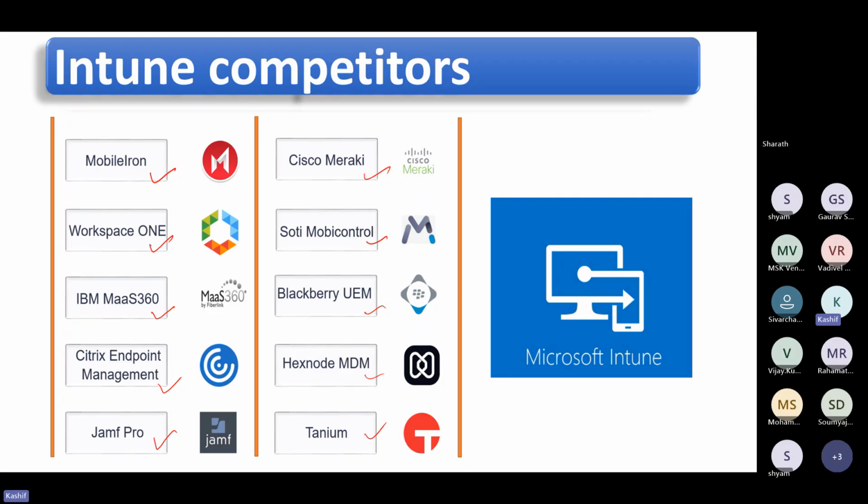Intune is like a monster now. You can say Intune has almost 50% market share. Almost all big size and medium size organizations have Intune. Maybe you will not be able to find Intune in small organizations, but almost all big and medium size organizations have this Intune.